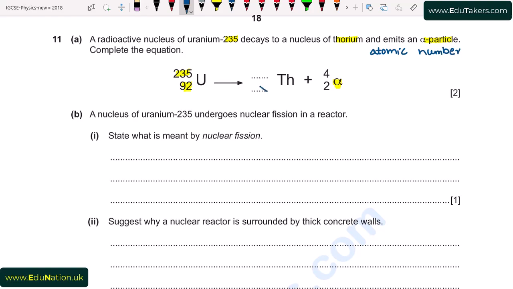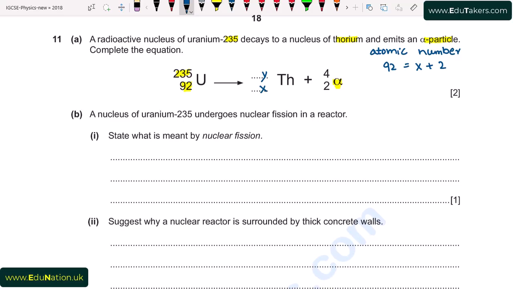I suppose it X and it is Y. So on left hand side atomic number is 92. On right hand side it is X plus 2, because alpha has 2 atomic number and thorium nucleus has X atomic number.